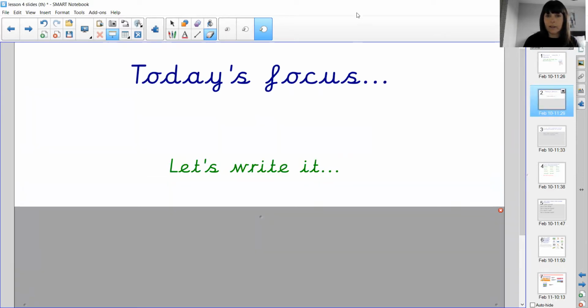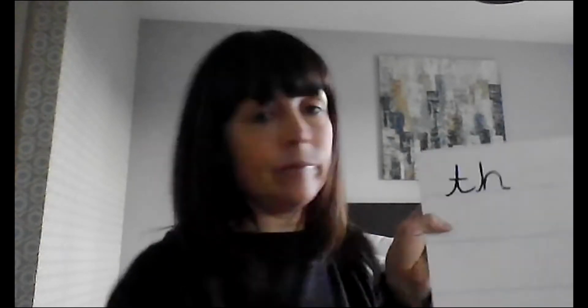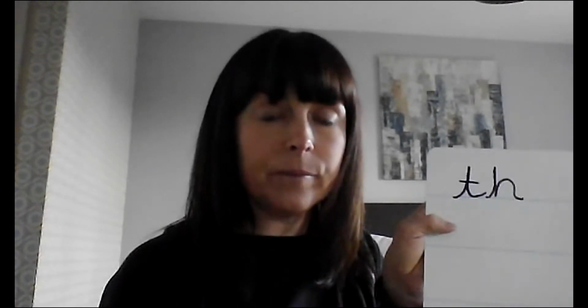Okay, let's have a look at how we write that digraph. I'm going to show you on my whiteboard. So remember, it is a digraph, so we need two letters to make this one sound, and they are the t and the h.